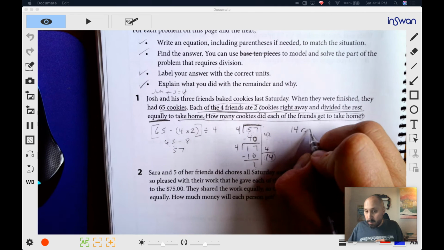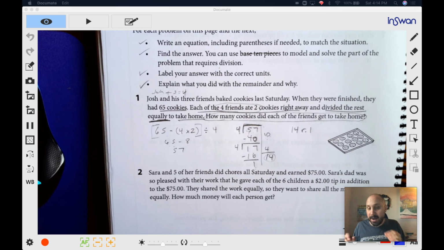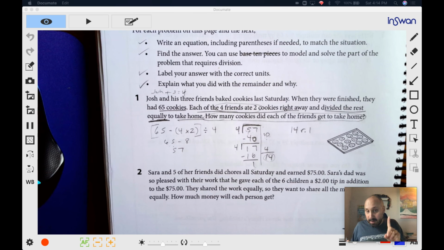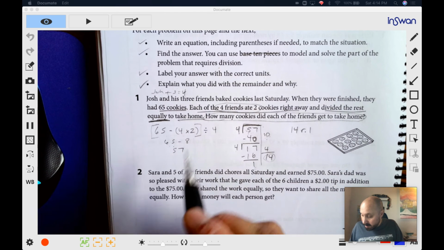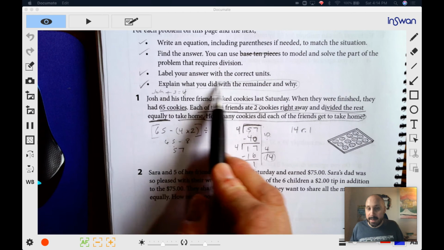So we put an R for remainder, or remaining, and there's 1 cookie. So there's a 14 remainder of 1. We could stop there, but if you remember, the last thing says to explain what you did with the remainder and why.